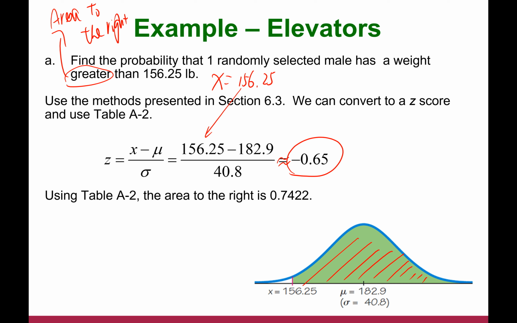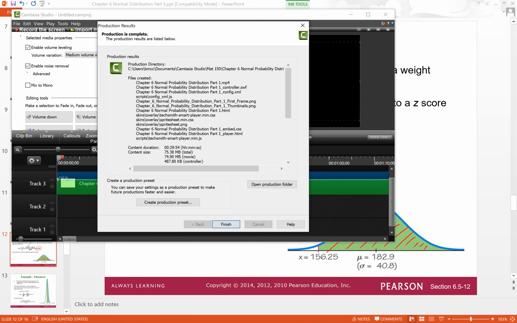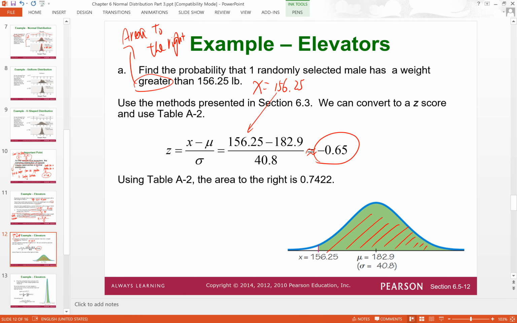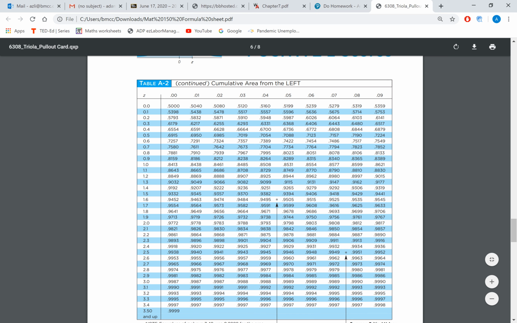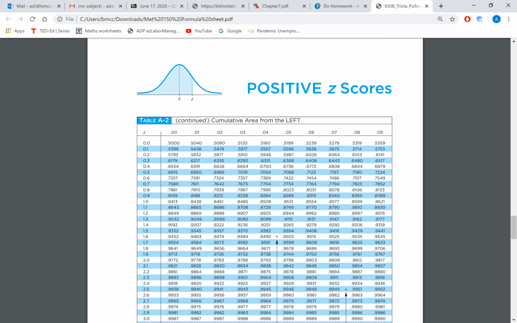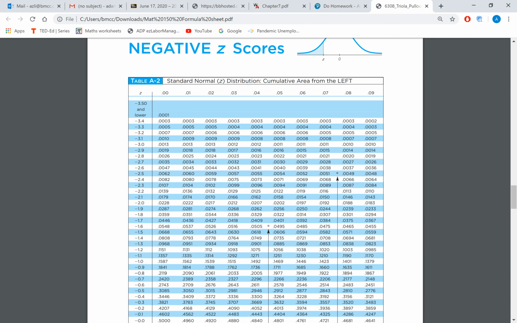Now you go to table A2. We go to table A2 here, look for negative 0.65, then go back to the first page.